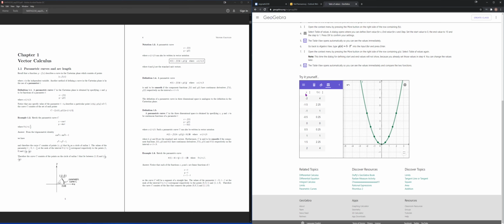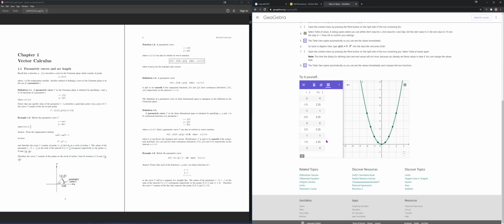Here I have f of x is equal to x squared. The graph was here already, but say you forget that you had this curve, this parabola, before, and you wanted to graph this from scratch.